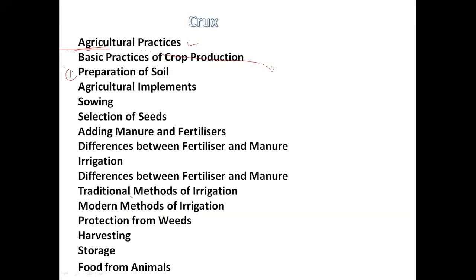We need to prepare our soil, and for that purpose, we need certain agricultural implements. Then comes sowing, and we need to select good seeds only for sowing. Damaged seeds should not be planted.